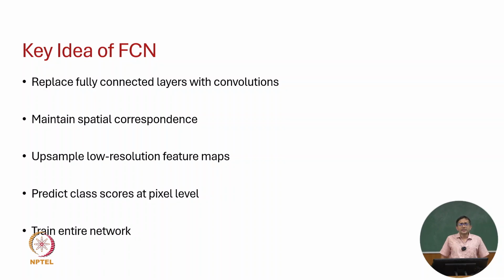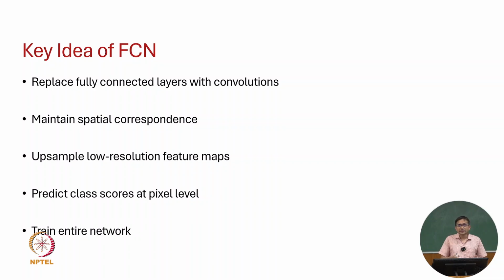The key idea of the FCN, as we have already mentioned, is that we have to replace the fully connected layers with what? With convolution itself, or rather a version of the convolution which we are going to discuss soon. The key idea is also to maintain the spatial correspondence.